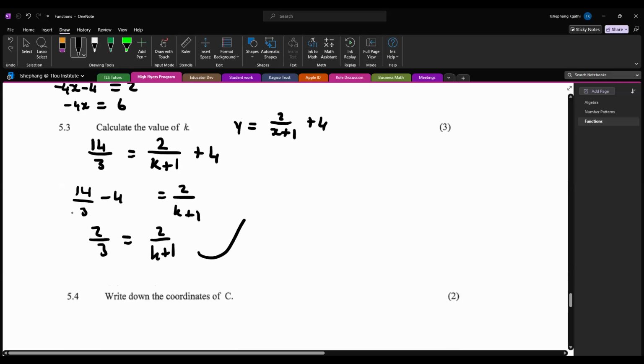I'm just going to carry on here. I didn't give myself enough space there. I'm going to say 2k plus 2 is equal to 6 because I cross multiplied. Then 2k is equal to 4. K is equal to 2.